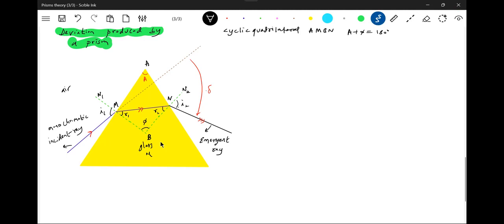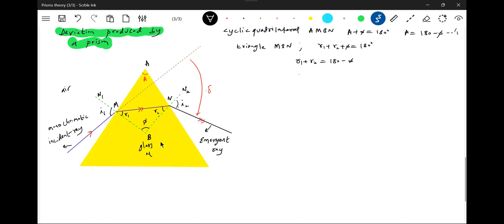In the triangle MBN, R1 plus R2 plus phi equals 180 degrees. Equating these two, A should be equal to 180 minus phi, and R1 plus R2 equals 180 minus phi.